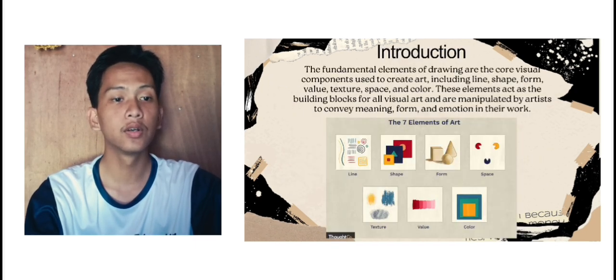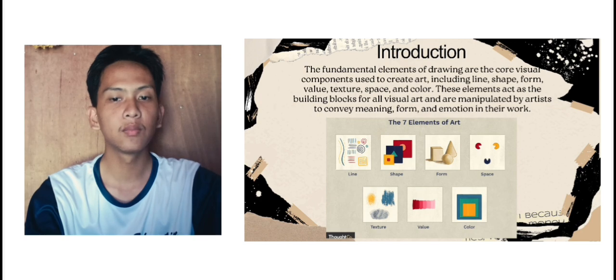So now we are going to define what the fundamental elements of drawing are. The fundamental elements of drawing are the core visual components used to create art, including line, shape, form, value, texture, space, and color. These elements act as the building blocks for all visual art and are manipulated by artists to convey meaning, form, and emotion in their work.